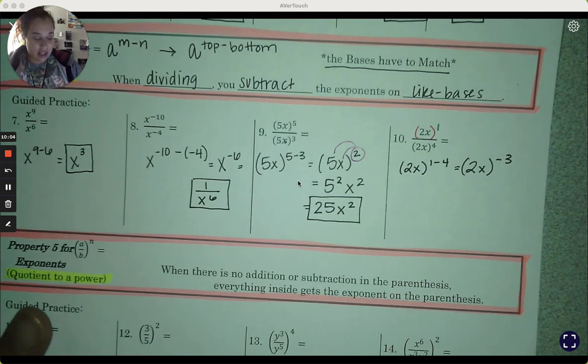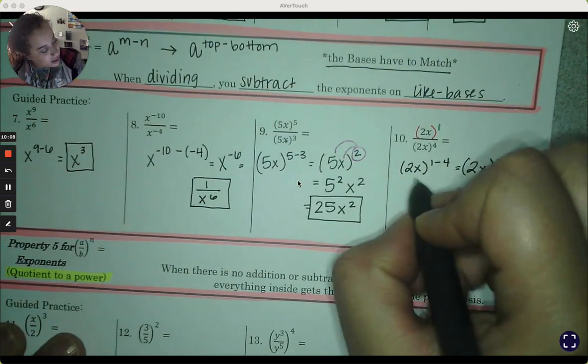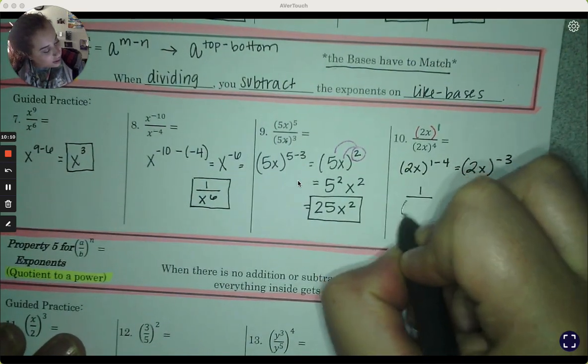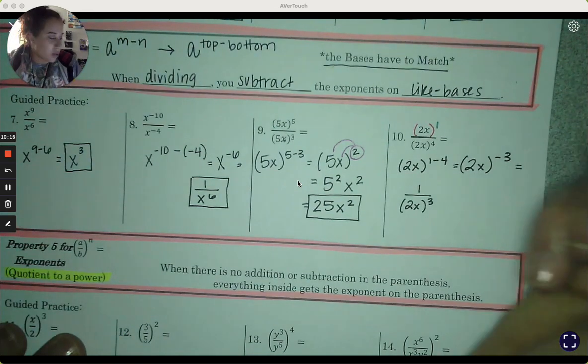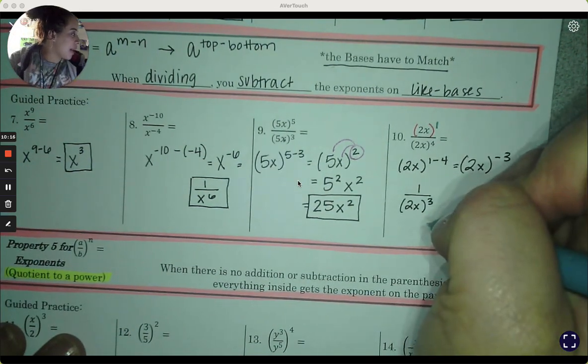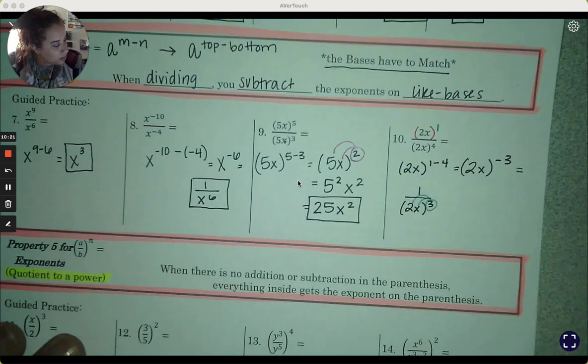It's negative, you got to make it positive, so we flip it to the denominator. 1 over 2x cubed. All right, so we still go back to our power of a product. Everything gets cubed.